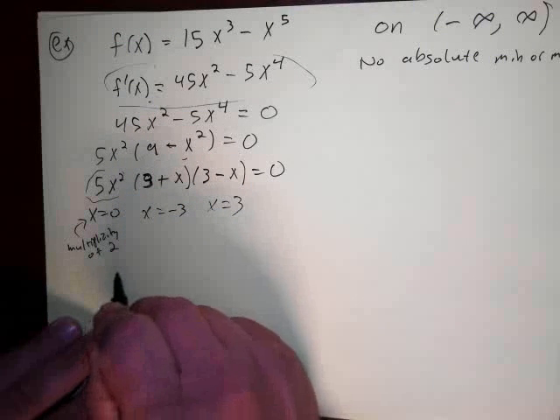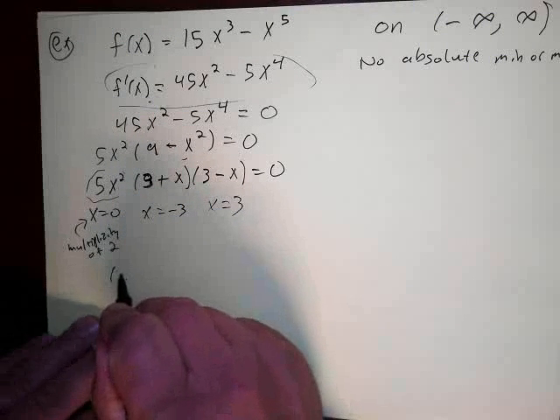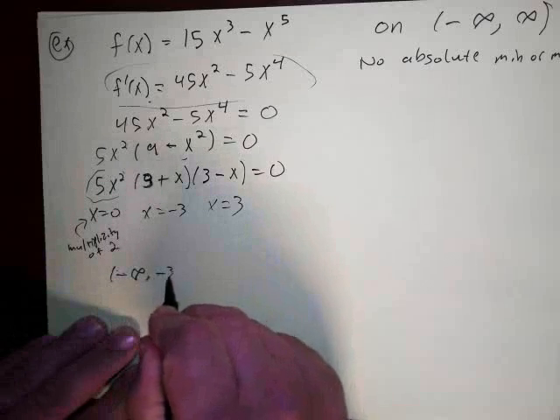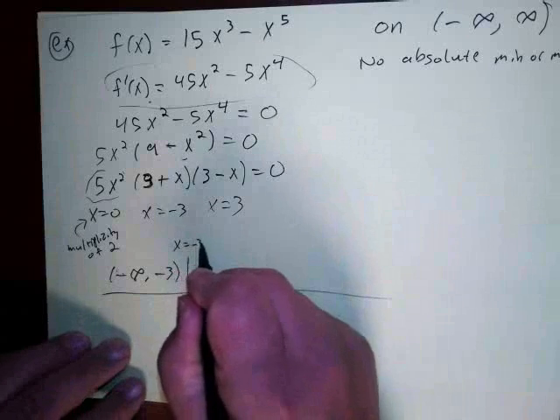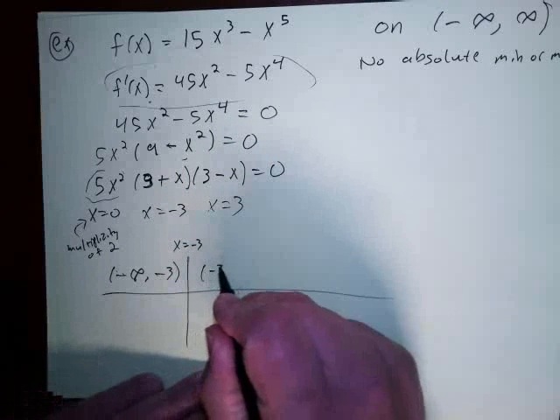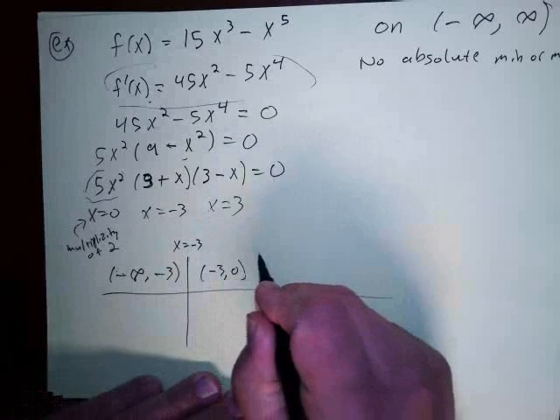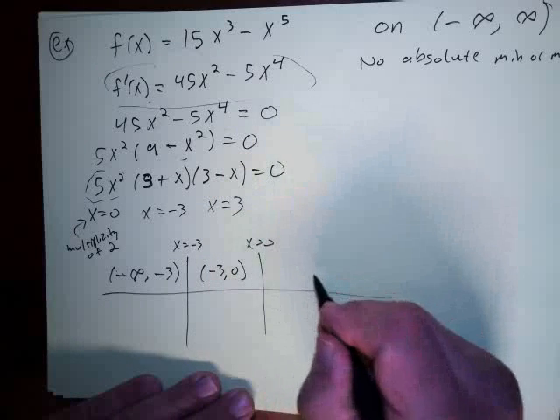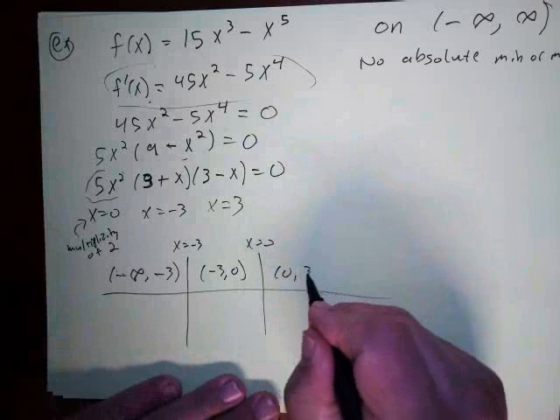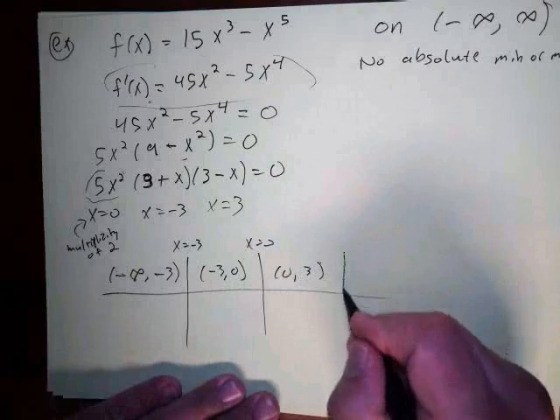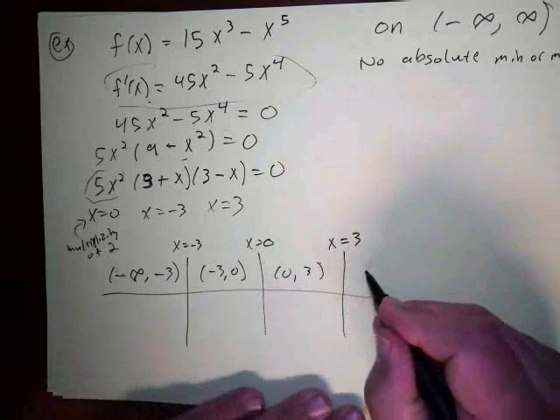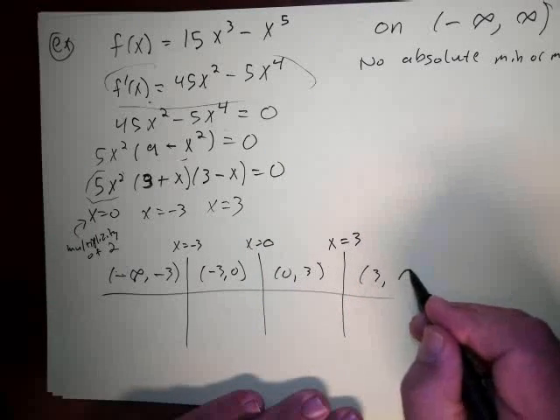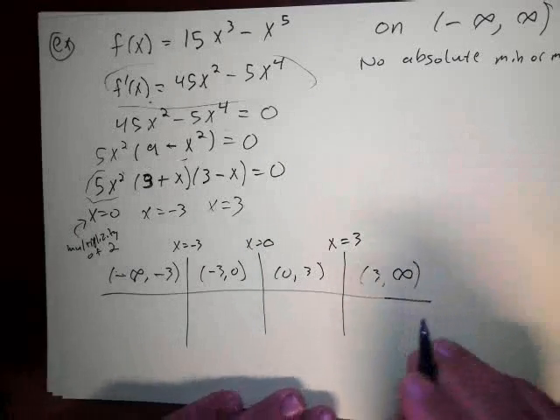So on my table here, you'd have negative infinity to negative 3. That would be at the critical point x equals negative 3. Then negative 3 to 0. And then 0 to 3. And then 3 to positive infinity.